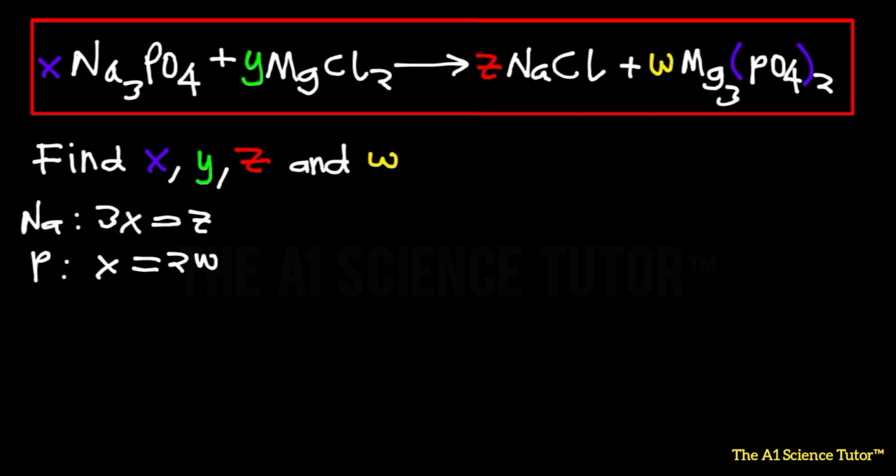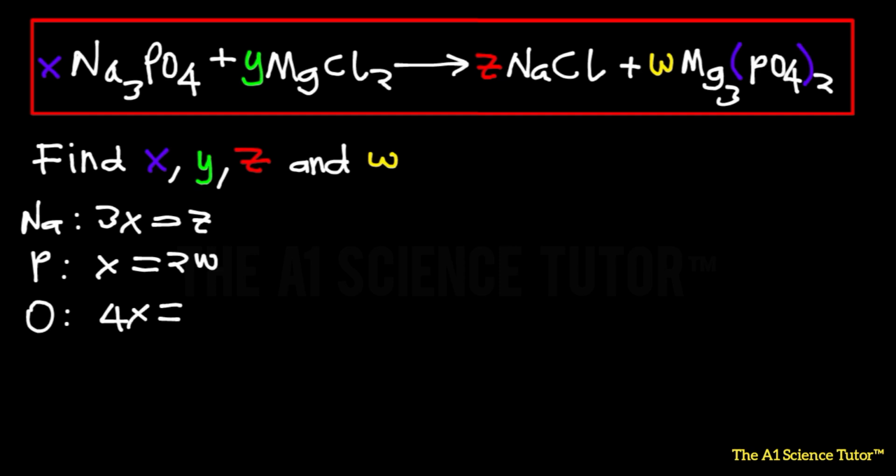Now, let's go to oxygen. On the left-hand side, we have 4 atoms of it for the sodium phosphate. There is an X here, which actually works for every element within the compound. So that will be 4 multiplied by X, and that's equal to 4X. And then on this side, we have 4 multiplied by 2.